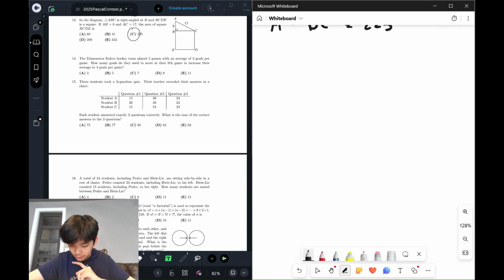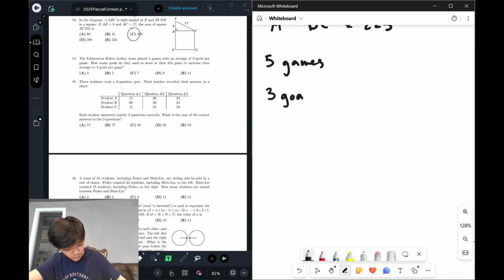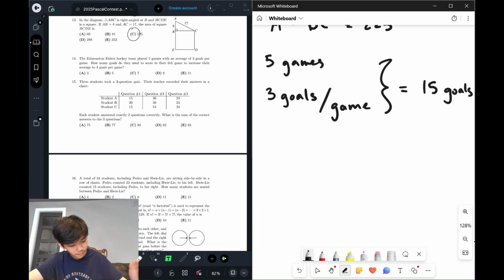For question 14, we have the Edmundston Oilers, the mathematician name, that's kind of funny. They played 5 games with an average of 3 goals per game. So, in 5 games with 3 goals per game, this means that the total is going to be equal to 15 goals over those 5 games.